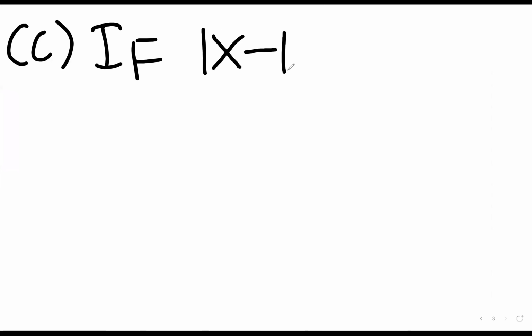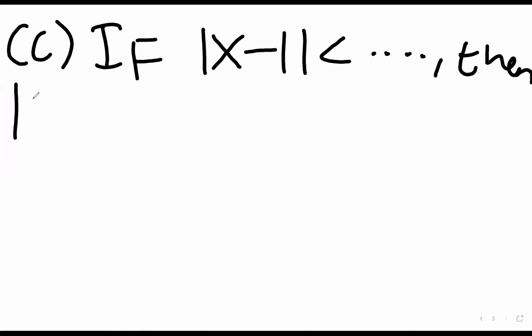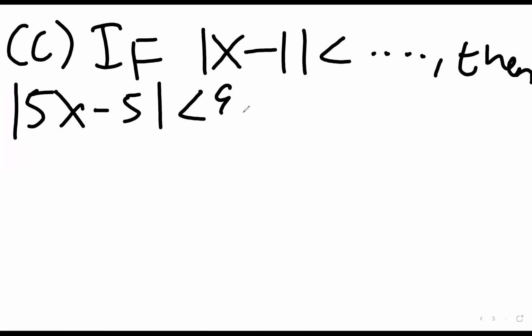So if absolute value of x minus 1 is less than blah blah blah, then absolute value of 5x minus 5 is less than epsilon. The answer will depend on the value of epsilon.